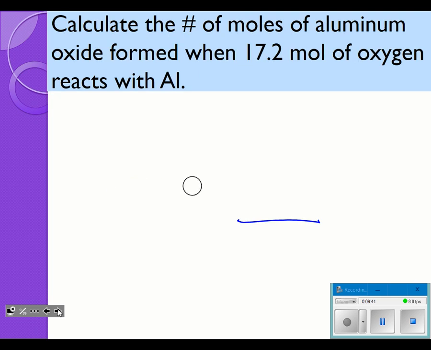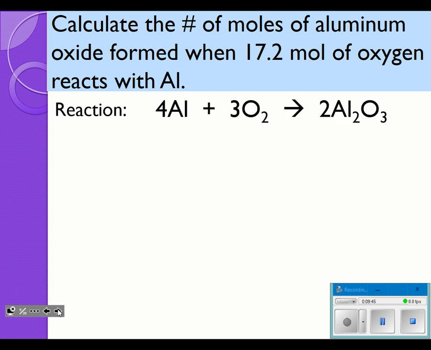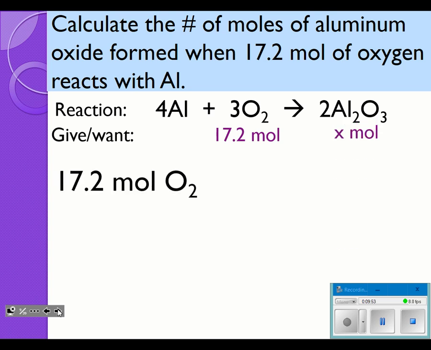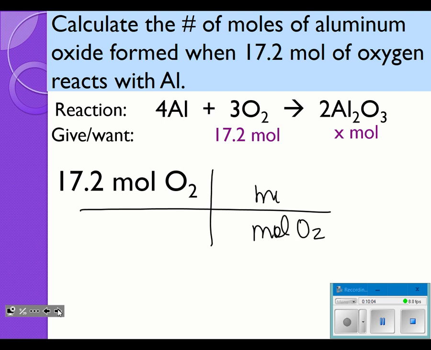All right. So again, now we're going to have 17.2 moles of oxygen that's going to react with aluminum, and I want to find aluminum oxide. So I start with what I'm given, which is 17.2 moles of oxygen. I make my T chart, or my train tracks. I'm going to put moles of what I'm given on the bottom, and moles of what I want to find on the top.